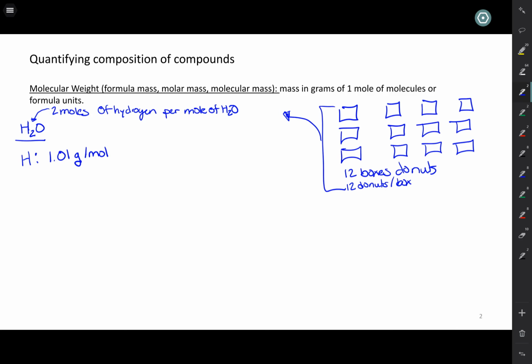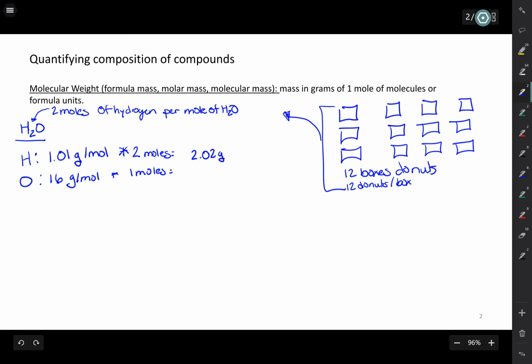So we're going to then say, okay, well, we need to multiply this by 2 moles. That will get us the mass from hydrogen in 1 mole of water. And then oxygen, that was 16 grams per mole, and we have 1 mole of that. So now we have 2.02 grams of hydrogen and 16.00 grams of oxygen.